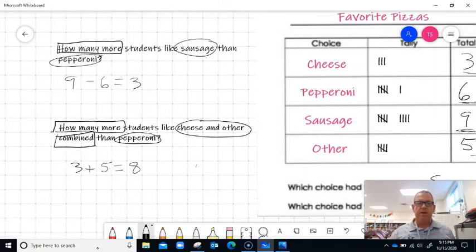Yes, we need to subtract the pepperoni, which is 6, from the combined cheese and other, 8. What is 8 minus 6? Yes, 8 minus 6 is 2. So that means that 2 more students like cheese and other combined than pepperoni.